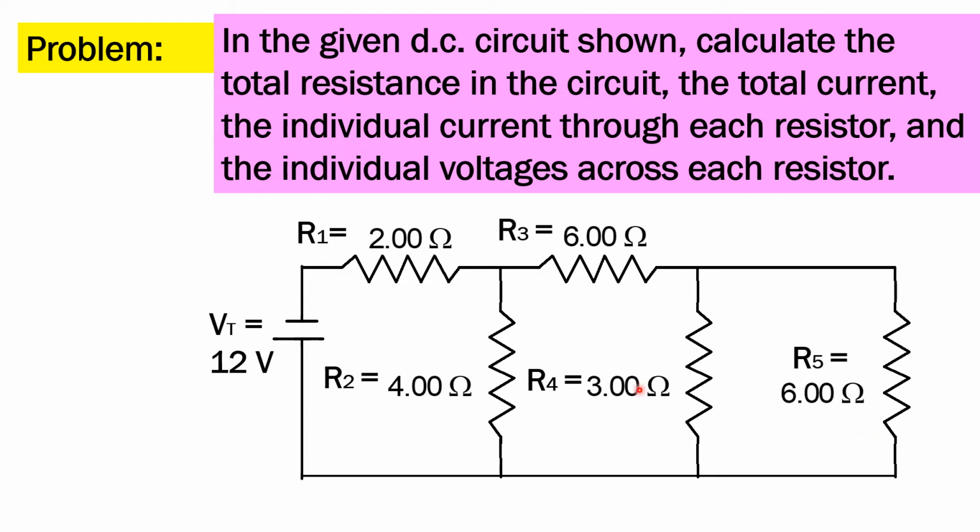We cannot start by adding R1 and R2 because they are neither in series nor in parallel. But since we know that R4 is parallel to R5, we can start combining R4 and R5 using the concept of adding two resistances in parallel. And that is what we are going to show in the next slide.